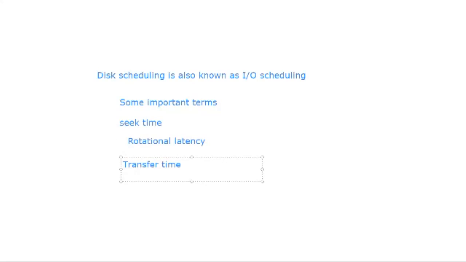It depends on the rotating speed of the disk and the number of bytes to be transferred. So that is transfer time. Then the next point is disk access time.